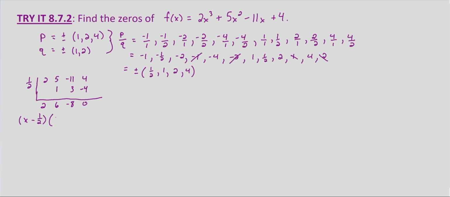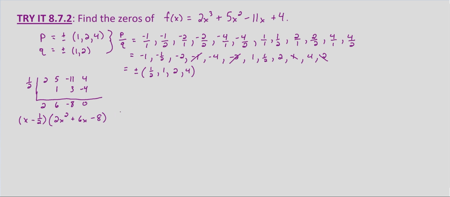So 2x squared plus 6x minus 8. So now we can use the rational zero theorem. Or, excuse me, now we can use the zero product property. Apologize for saying that incorrectly.